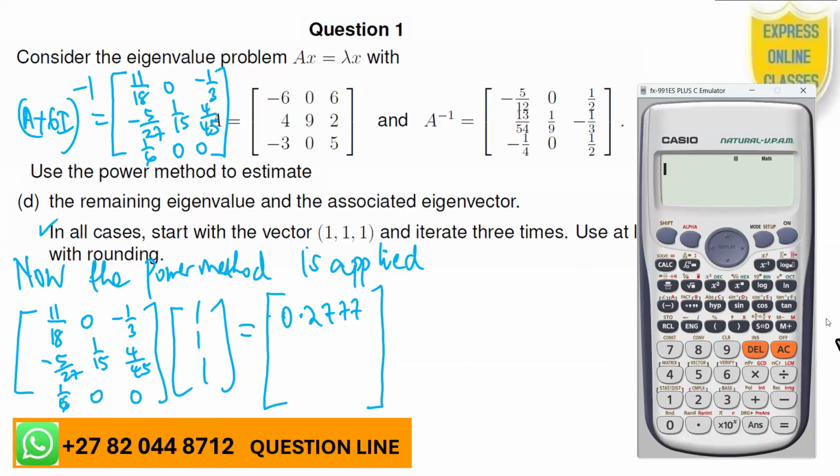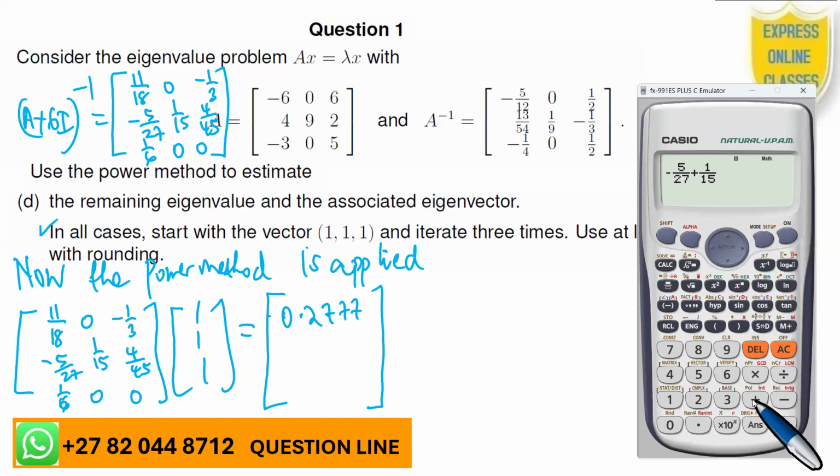And now we're going to do row by column multiplication, meaning that we're going to have the negative, then we punch the 5 out of 27. If we punch the 5 out of 27, then we're going to get the following: 1 out of 15.